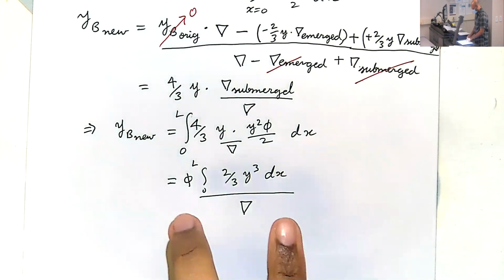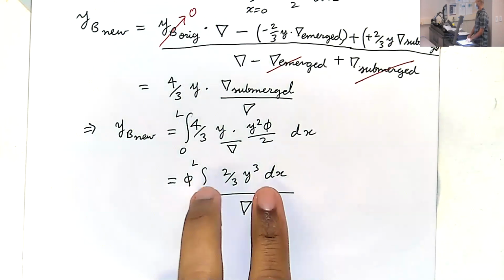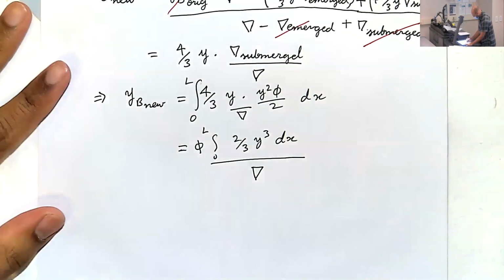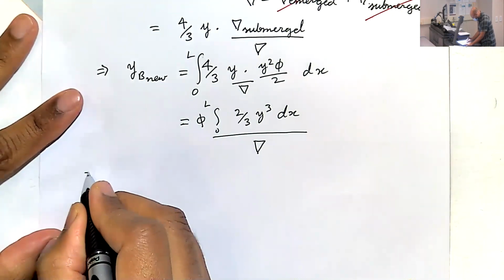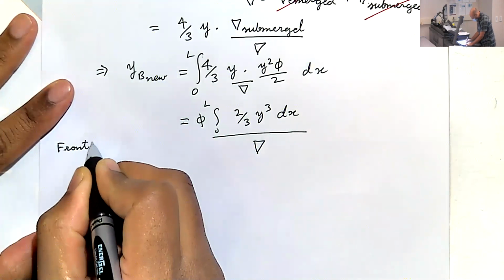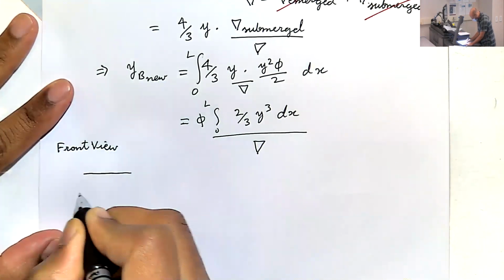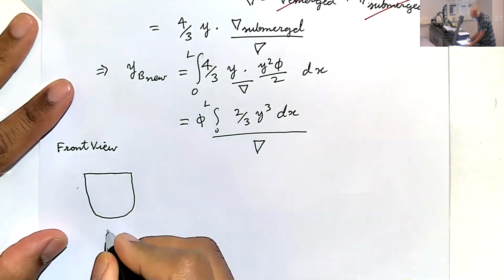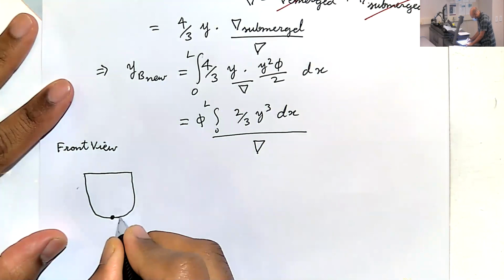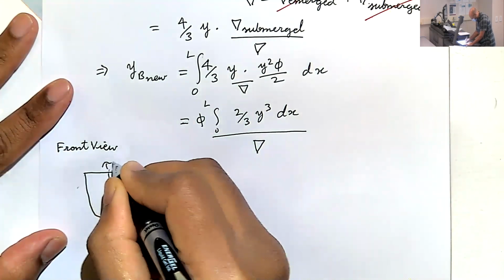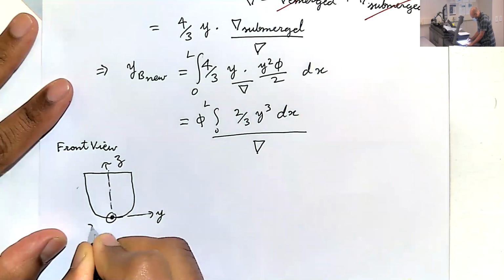All right, so this might look familiar to you, 2/3 y cubed dx, but let's look at the front view. This is y, this is z, this is x.